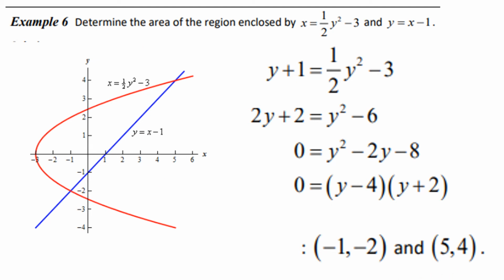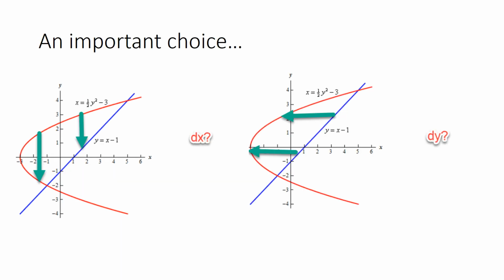But now we have an important choice. We can go dx, or we can go dy. Let's look at the dx scenario. So here what happens is if you start going along the x-axis, you're drawing slices like this, and so you see you're going from -3 to -1, and you got red is on top and red is on bottom.